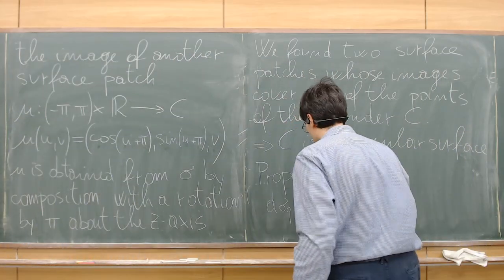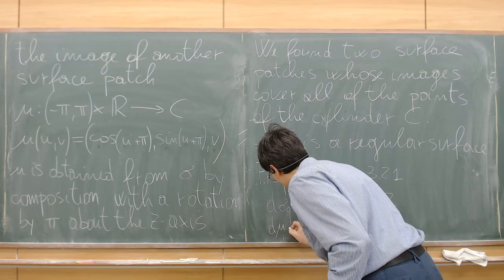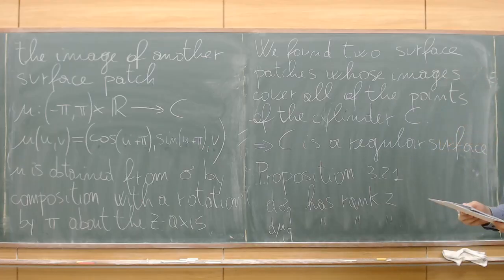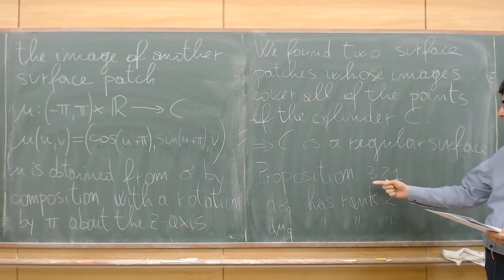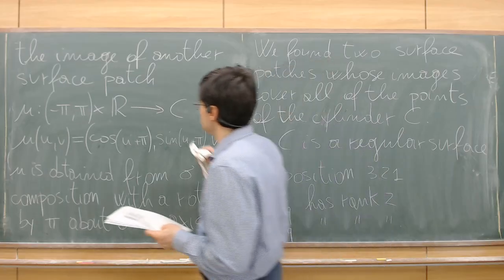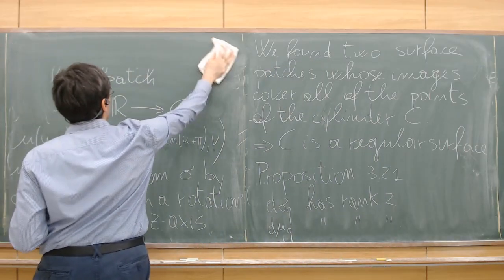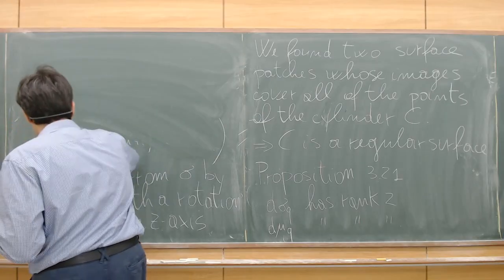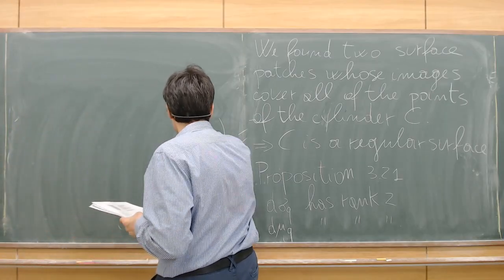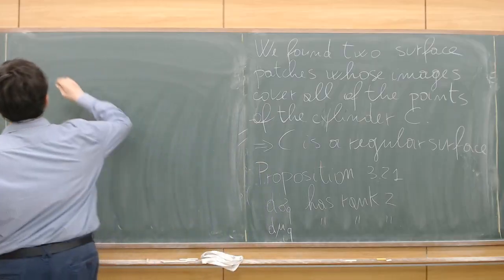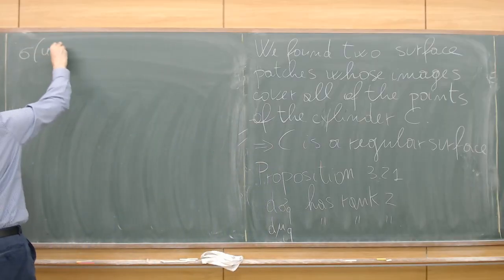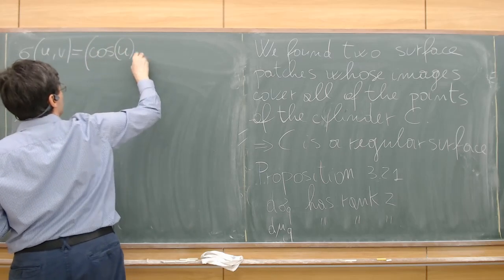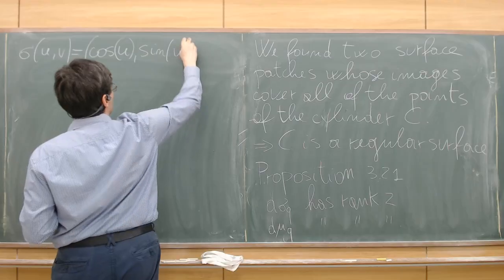So this proposition says also that d mu q has rank 2. We want to check it directly without using this proposition. So sigma was a map defined by this function, cosinus of u, sinus of u, v.